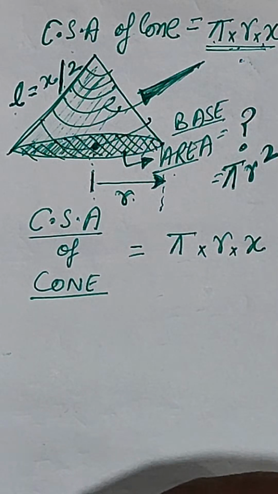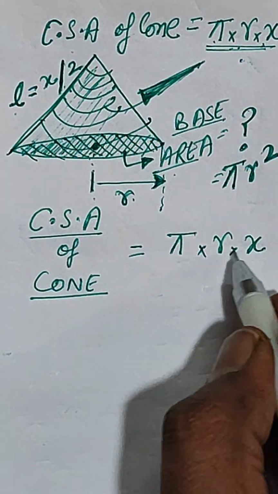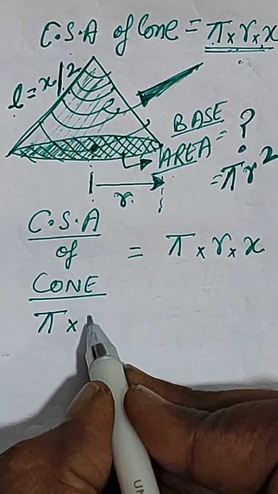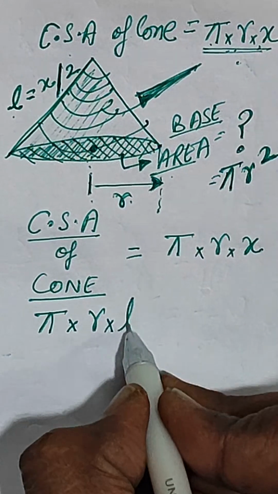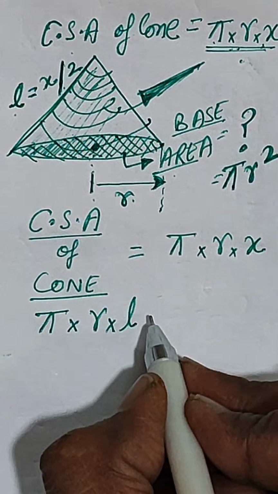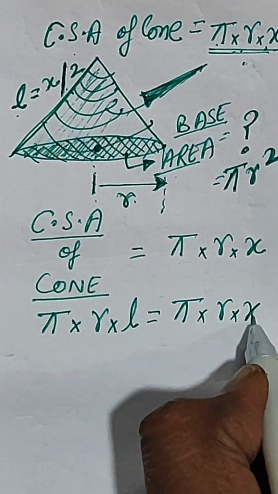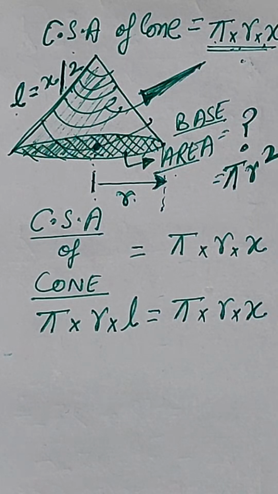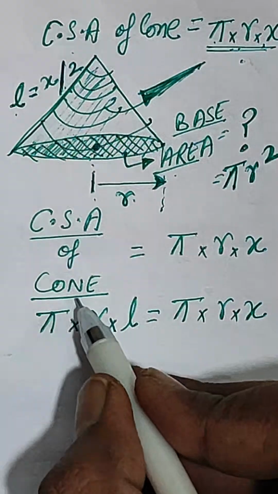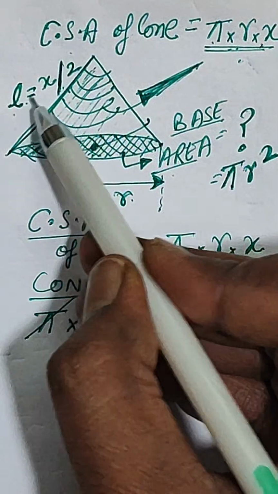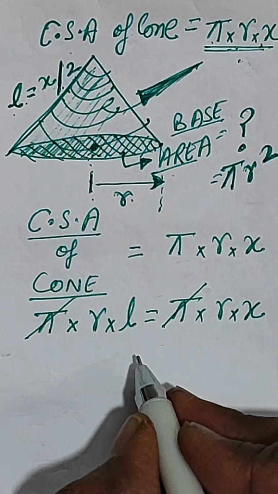Now, this curved surface area of the cone is pi r x, and the formula of curved surface area we know is pi into r into L. And in the RHS we have pi into r into x, right? Let me check. So here pi and pi will be cancelled out, and the value of L is x by 2. You can put it over here.